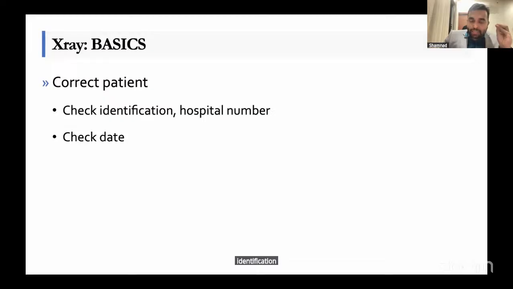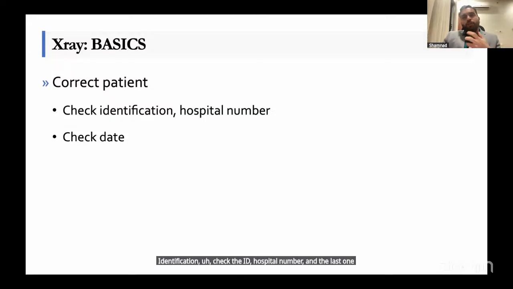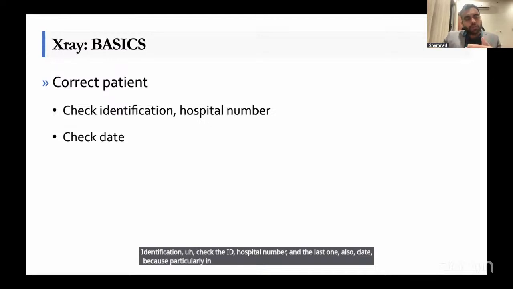Check the identification, the ID, the hospital number, and lastly the date, because particularly in preterm neonates, over the course of the neonatal stay in the ICU, they will have a bundle of X-rays. Many a time in your rounds, the staff might mistakenly give you an earlier X-ray with findings which you are not anticipating in the baby in front of you.